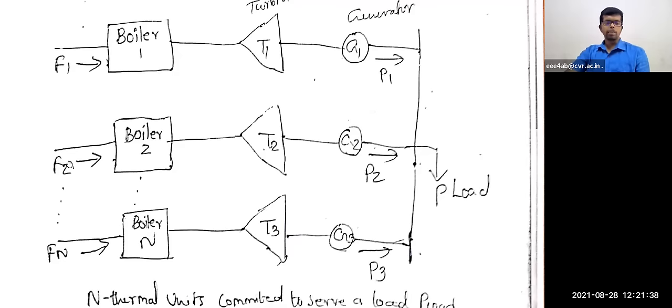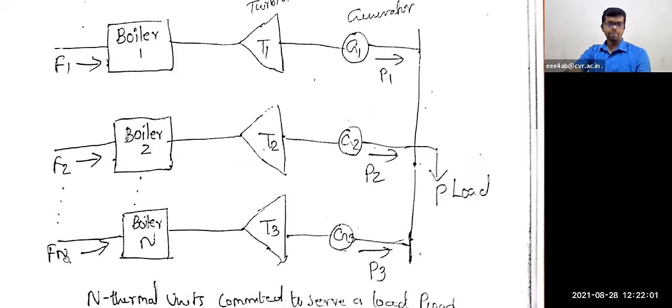Similarly, the fuel supplied to the second thermal generating unit. All are thermal generating units only, so that is n thermal generating units. This is the second thermal generating unit: the second boiler, turbine T2, generator G2. The power generated is P2, connected to the common bus.